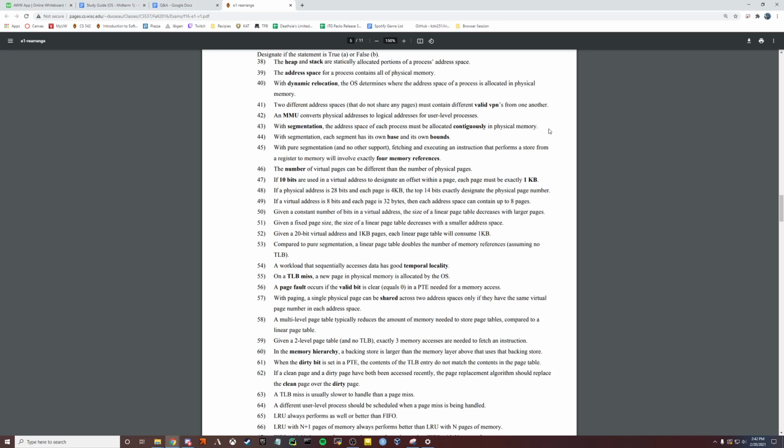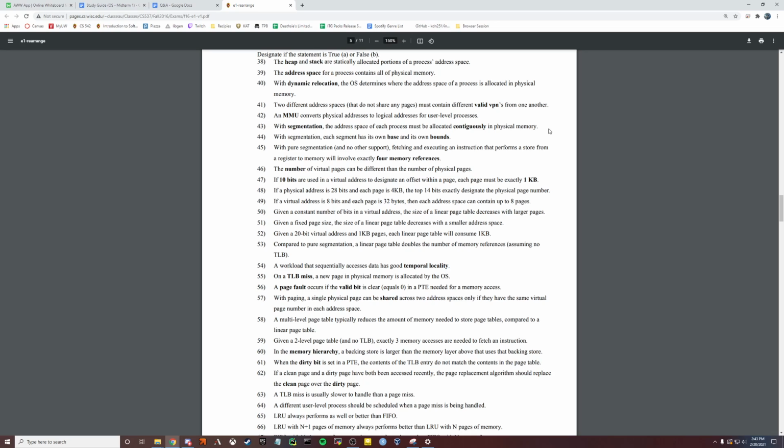It's true. Okay. But isn't it that the individual segments have to be allocated contiguously, but not the address space? That's the whole point of segmentation, to have separate segments. Oh, that's a good point. So with segmentation, the address space of each process must be allocated contiguously.